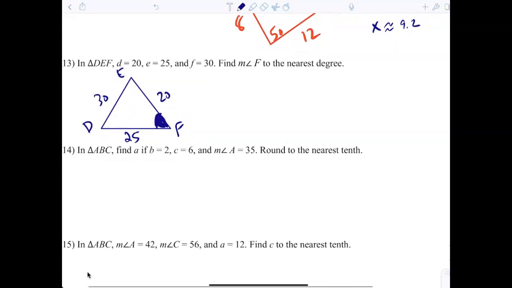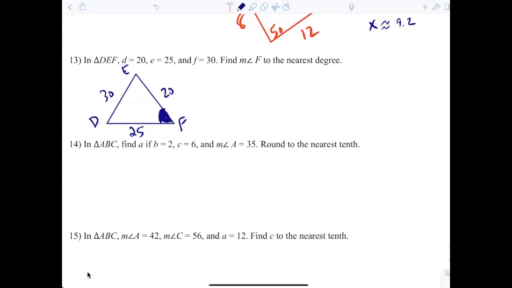Good job, guys. The angle that you're looking for, that side opposite goes on the outside of the formula. So we have 30 squared is equal to 20 squared plus 25 squared minus 2 times 20 times 25 times cosine of F. Good? So now let's calculate.